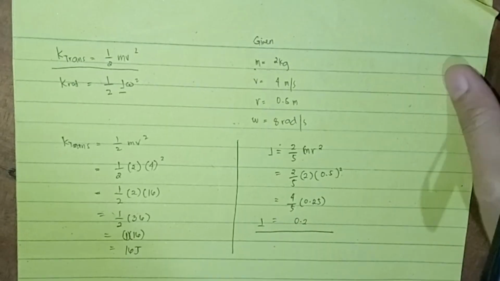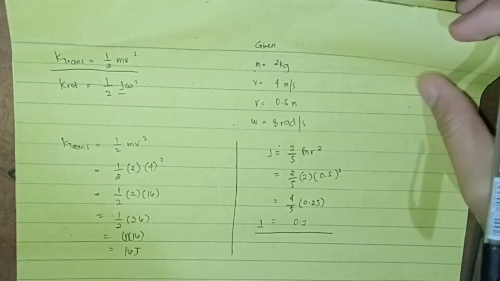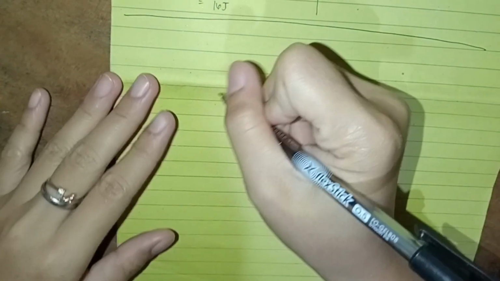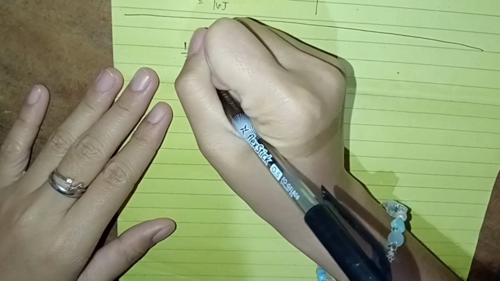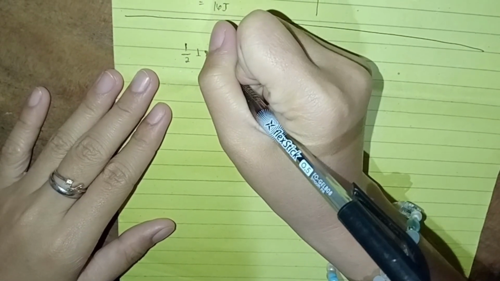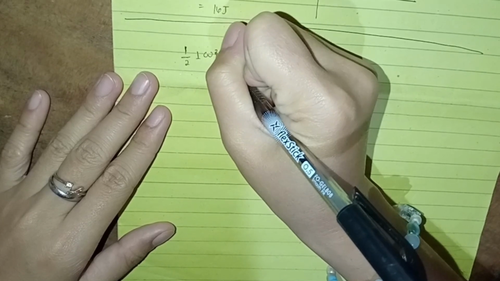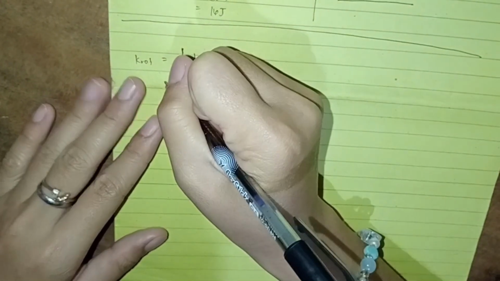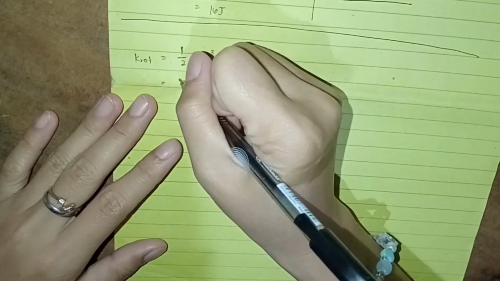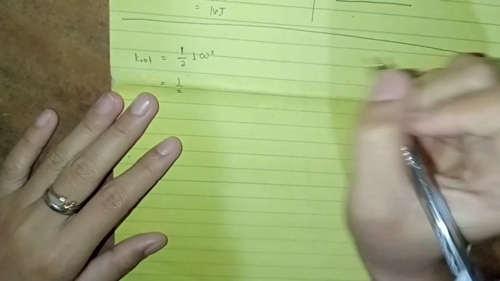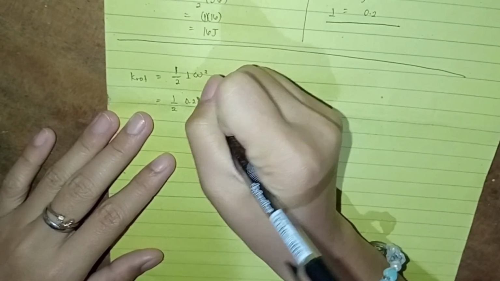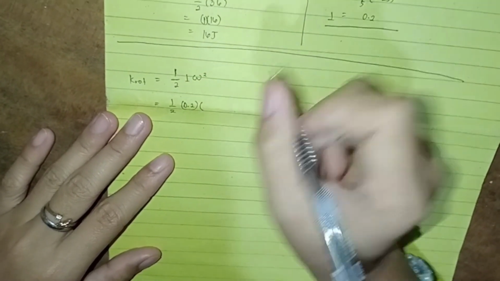We can now solve for our rotational kinetic energy. Rotational kinetic energy has the formula of 1/2 inertia omega squared. Let us substitute. We have our inertia here and our omega.